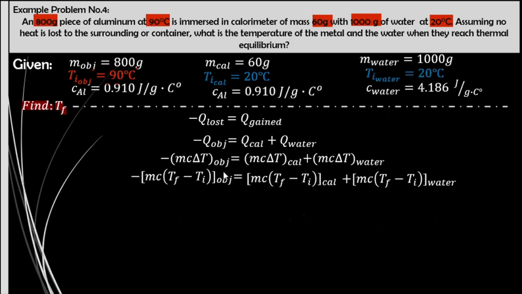So again, the left side of the equation refers to the heat lost by the object, and the right side of the equation is the heat gained by the calorimeter and the heat gained by the water.